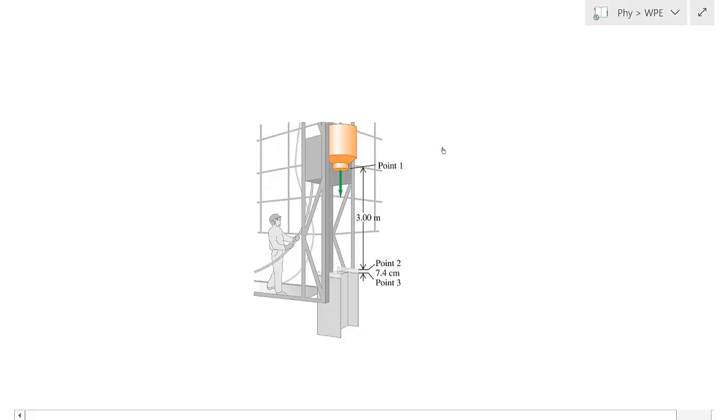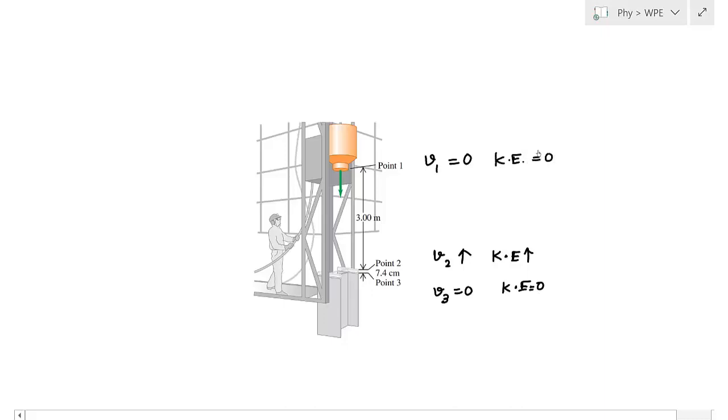At point 1 velocity is 0 and at point 2 there is an increase in the velocity. So we will have some kinetic energy in this case and that value will increase. At point 3 once again velocity is 0 and the kinetic energy is again 0. So at point 1 also kinetic energy is 0.